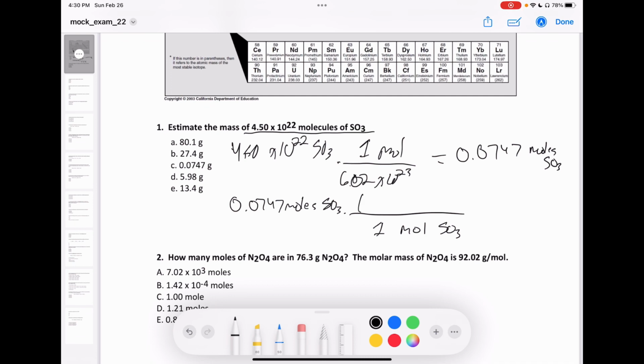And in that, calculating the molar mass is just as simple as adding up the molar masses of the individual atoms. So it's going to be 32.07 plus 3 times 15.999. And then this is about 5.98 grams of SO3. And that is D.